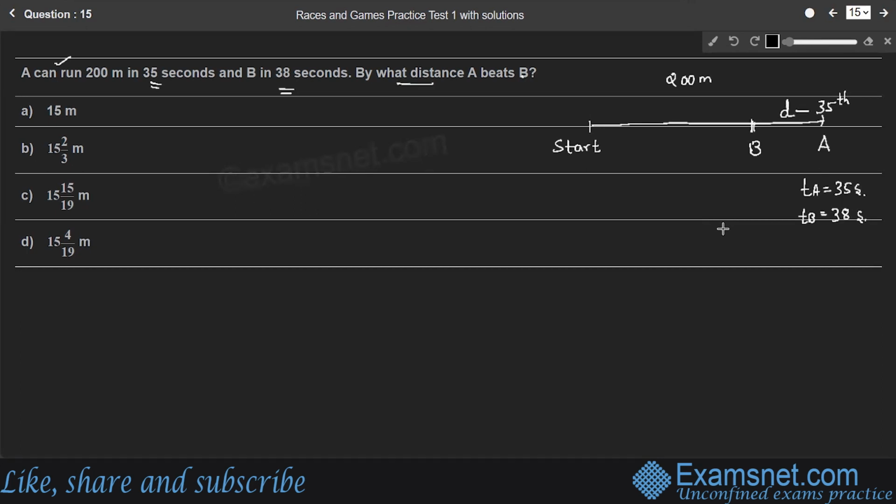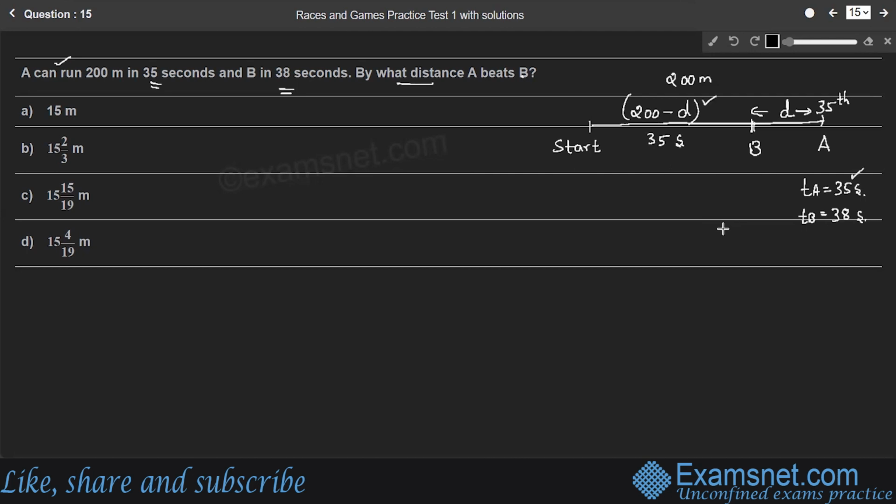A beats B by distance D here. We need to find the value of D. For that, first we need to find the distance covered by B in 35 seconds, which is 200 minus D.